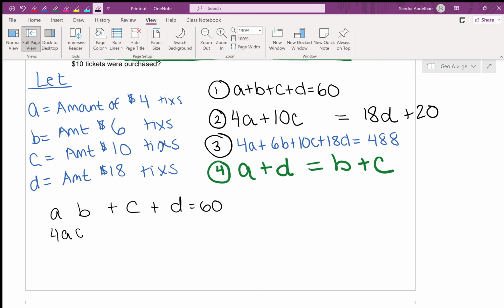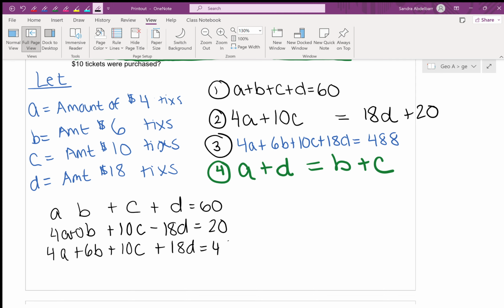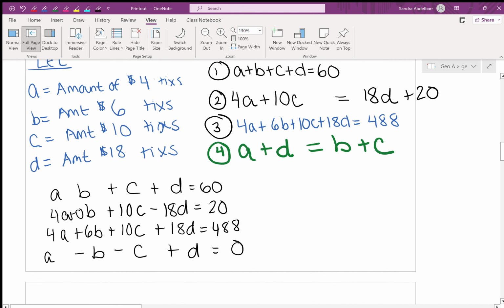You got it. 0B plus 10C minus 18D equals 20. And then we're 4A plus 6B plus 10C plus 18D equals 488. And then we're going to have A minus B minus C plus D equals 0. Is it okay that it equals 0? Yes. All right, now I want the variable matrix.